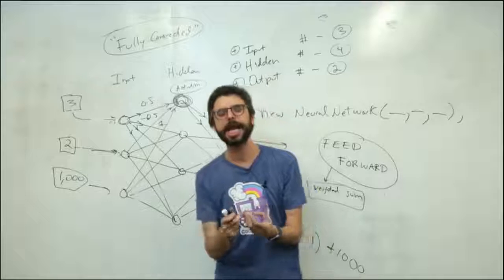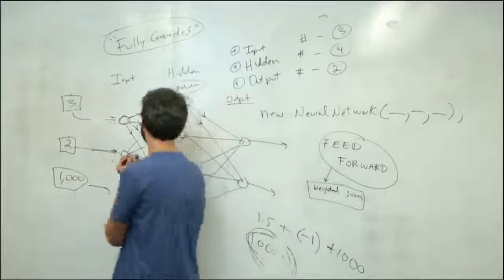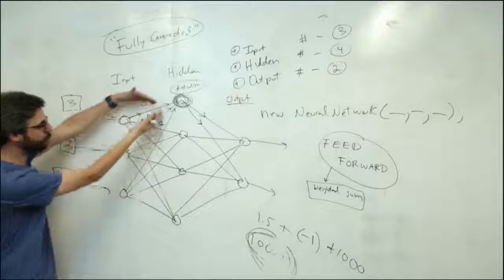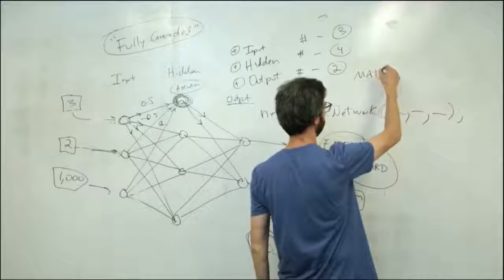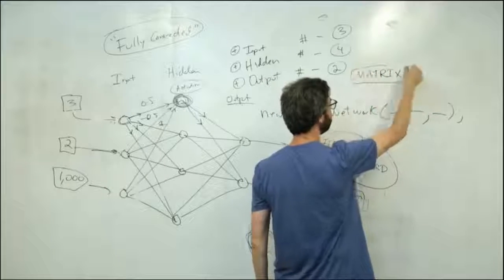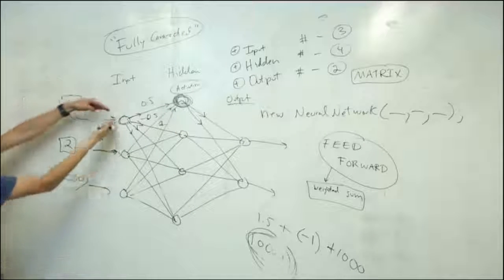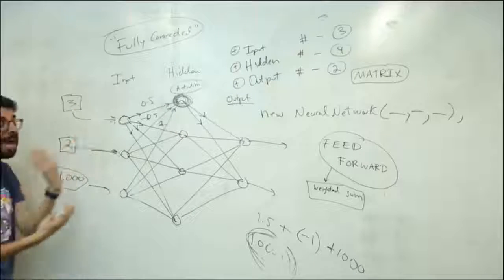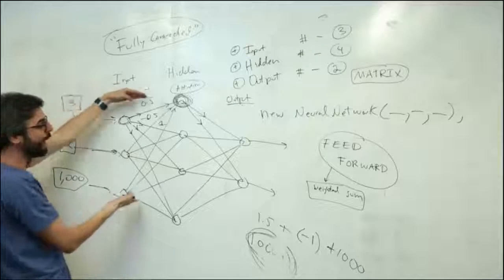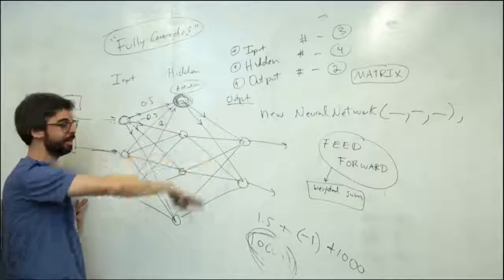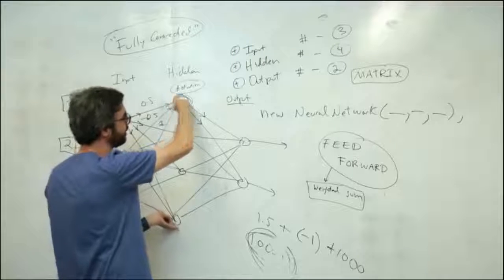But the classic and standard approach is actually to look at storing all of these weighted connections in something called a matrix, which is really just like a spreadsheet, a grid of numbers, looking at the inputs as an array and doing some type of math that basically takes that array of inputs, multiplies it by that matrix of weights, and generates the outputs of this hidden layer.